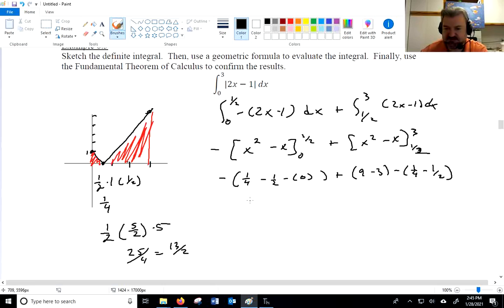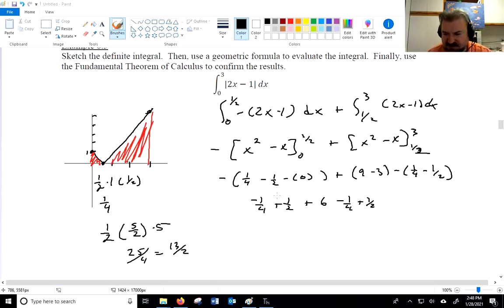And I'm just going to kind of distribute all my negatives first and then see what I can combine. 6, and then minus 1/4, and then plus 1/2 again. So this becomes negative 1/4, negative 1/4 becomes negative 1/2, but then plus 1/2, which would be, ooh, no, what did they do wrong? Let me fix that real quick.